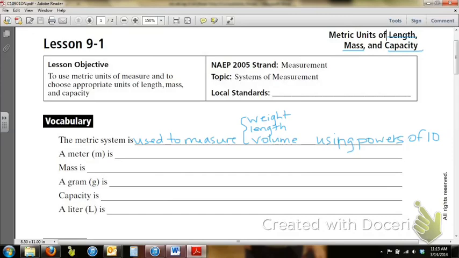And a meter, which has the abbreviation of a little m, is used to measure length. Mass is how much an object weighs.